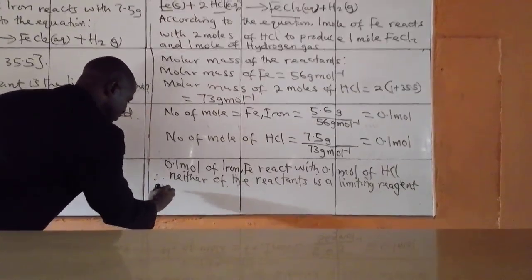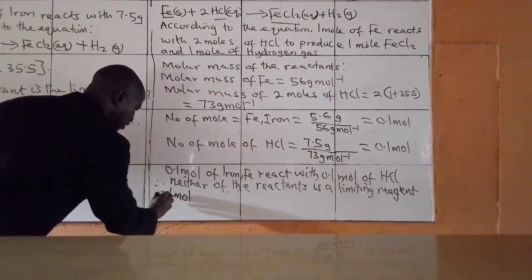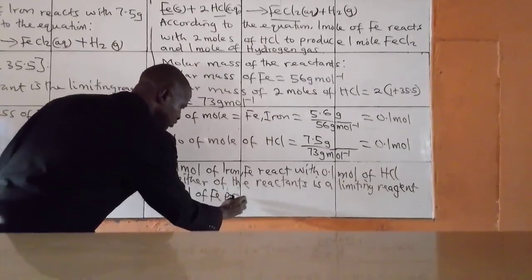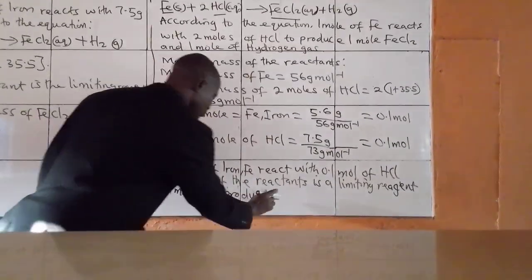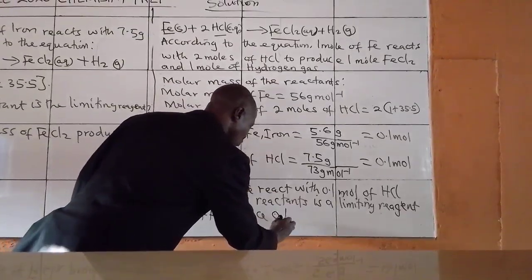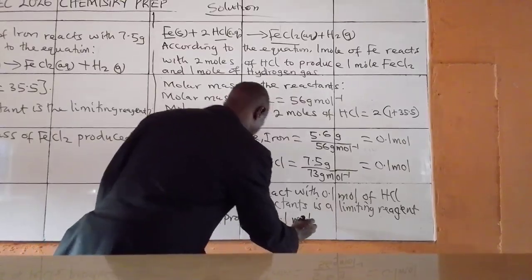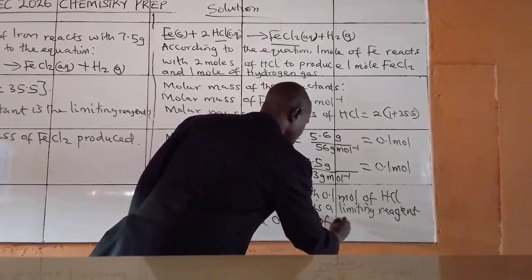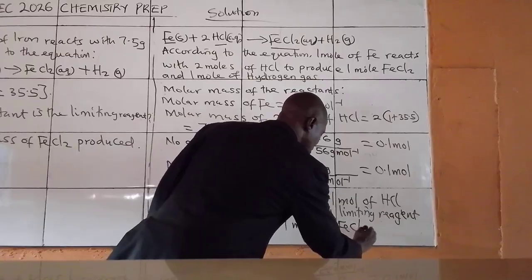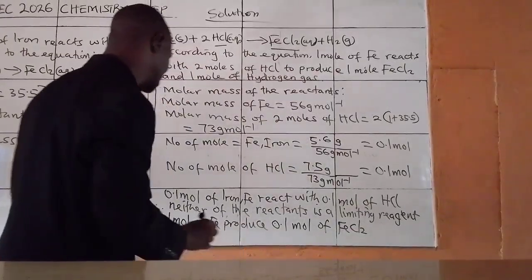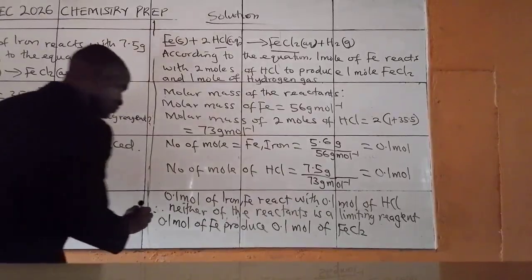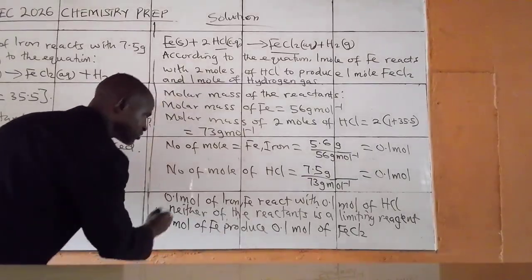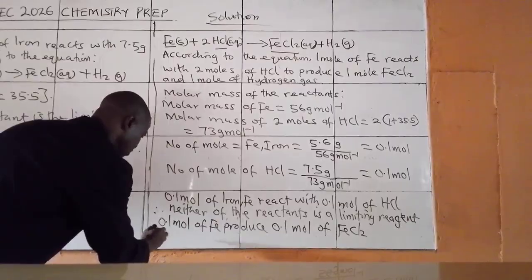That is, 0.1 mole of Fe produces 0.1 mole of iron(II) chloride. From this, we can now calculate the mass of iron(II) chloride.